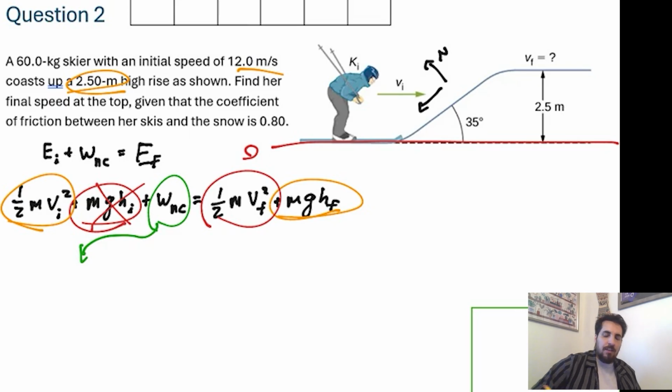How do we calculate it? The work done here is going to be by friction. Friction is a non-conservative force, so it does non-conservative work. And we can define that work done by friction to be the force of friction, in this case kinetic friction, multiplied by the distance.